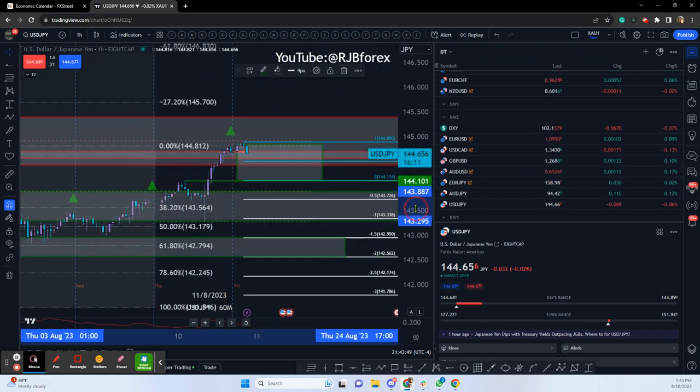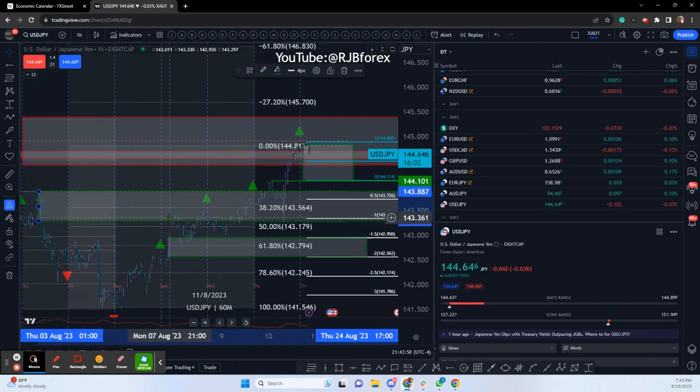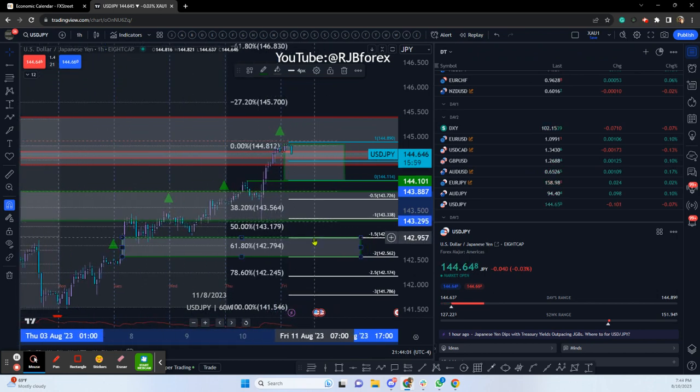So a 50% range expansion target here somewhere, these lows, and we can marry up structure along the way down, and so forth.